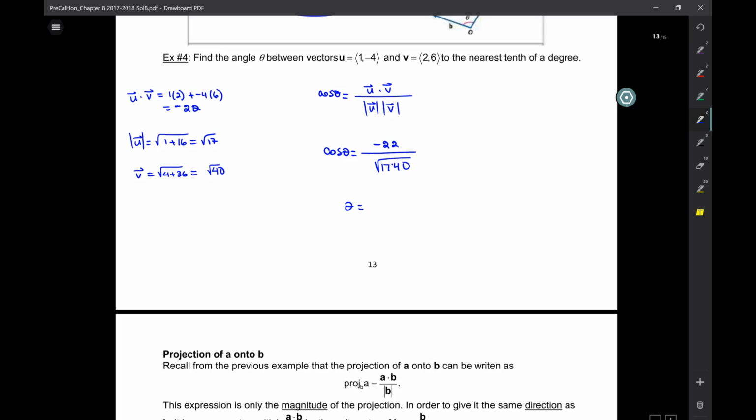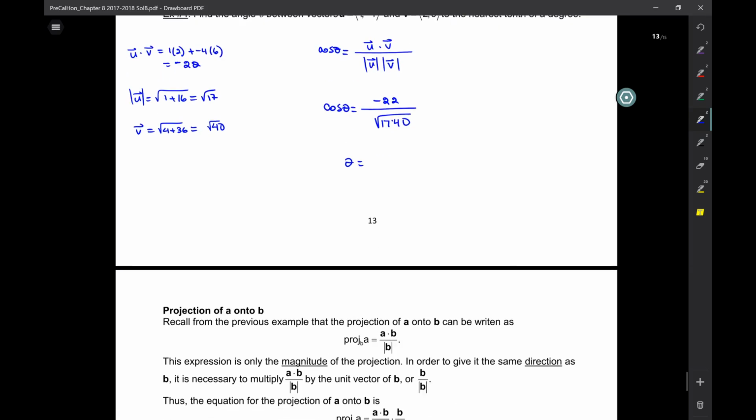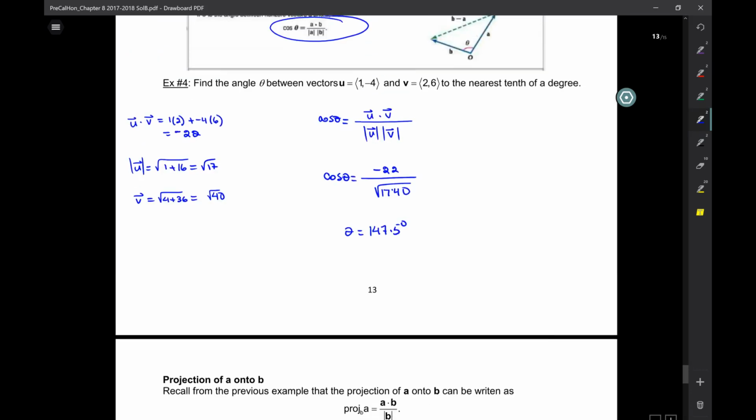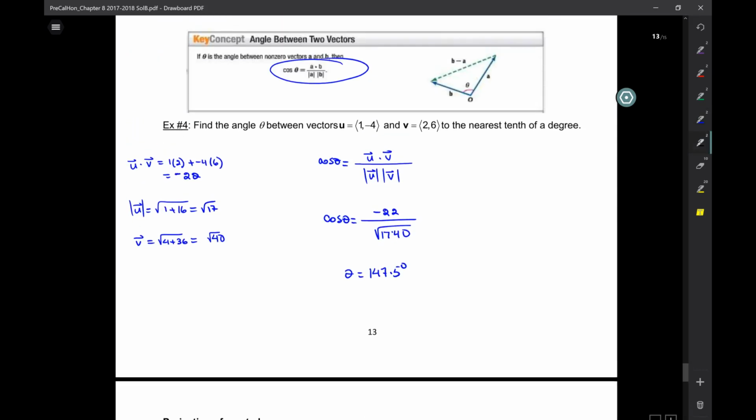Inverse cosine. What's the angle? Sounds good to me. Well, does it sound good? I don't know. I'm not sure about that. Let's see if it does sound good. Look at vector u. It's 1 and negative 4, right? 1 and negative 4.